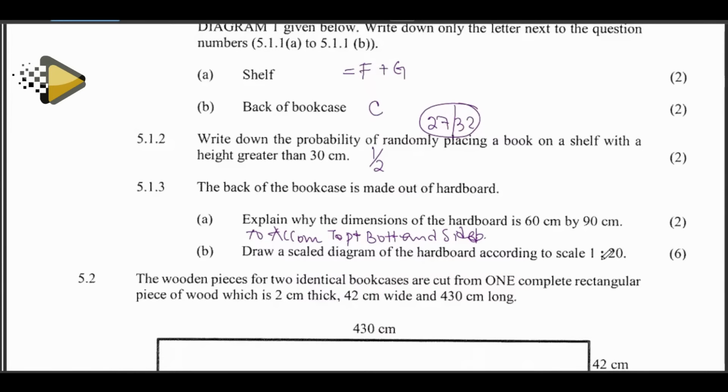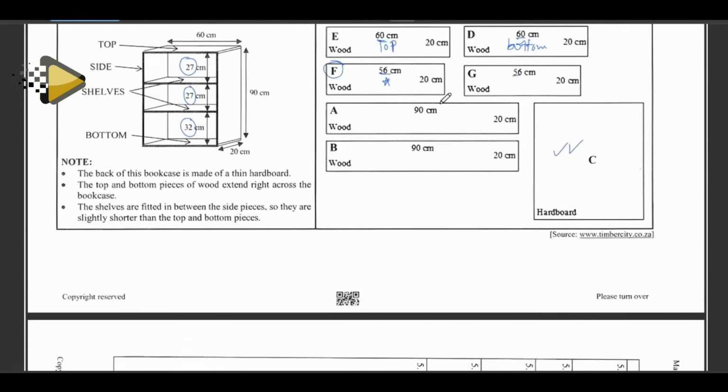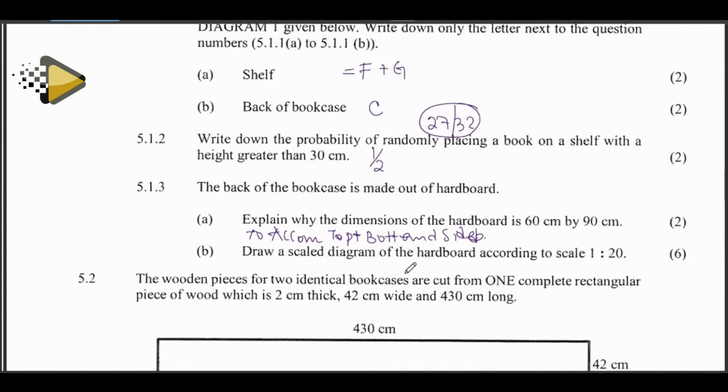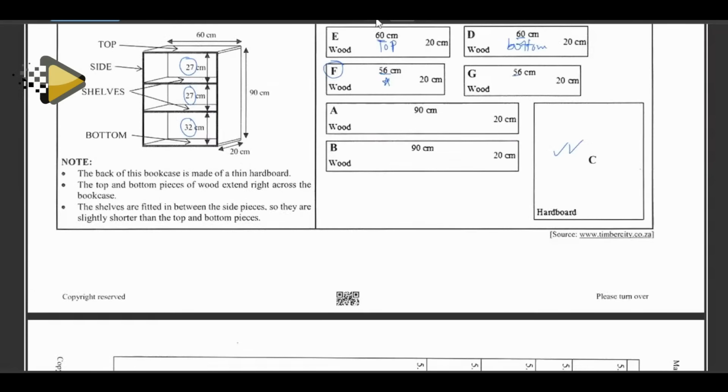Draw a scale diagram of the hard body. Here what you had to do is to change those measurements using this scale here, right? So the scale that we have, they said draw a scale diagram of the hard body according to the scale. So the hard body, when you see it, it says 90 by 60. What we're going to do, change the 60 because it's 1:20. So for 60, what will it be?